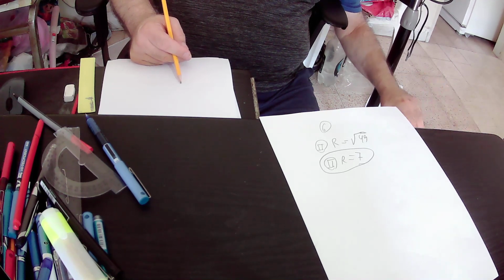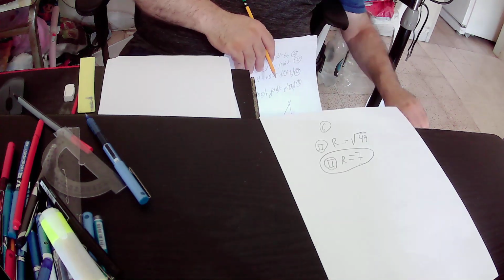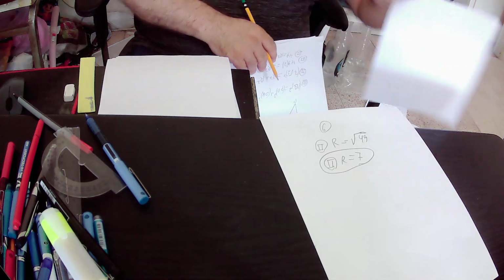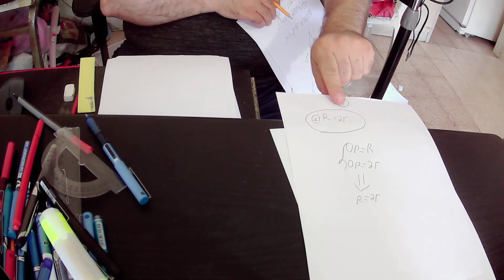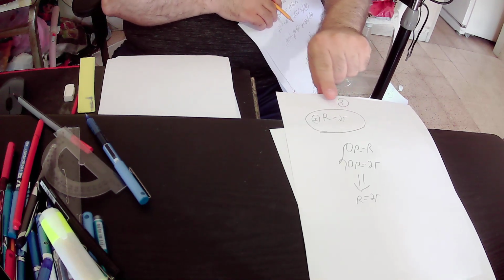But according to equation number 1, we know that capital R equals 2 times small r. So we can write it down.